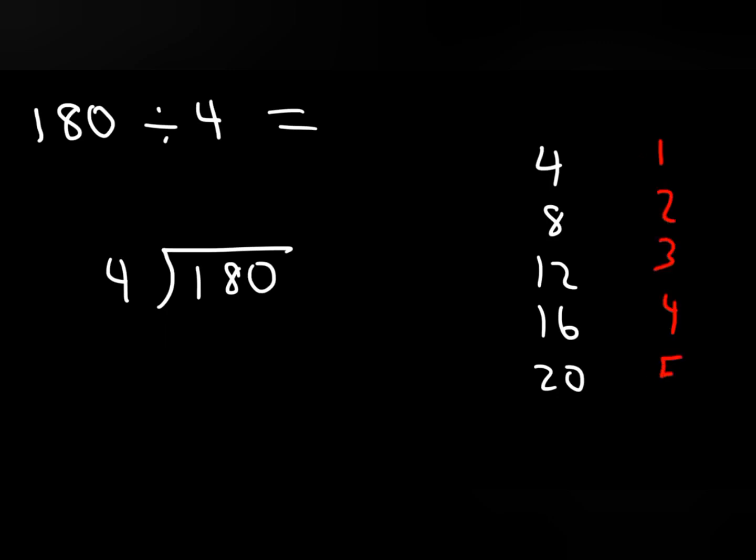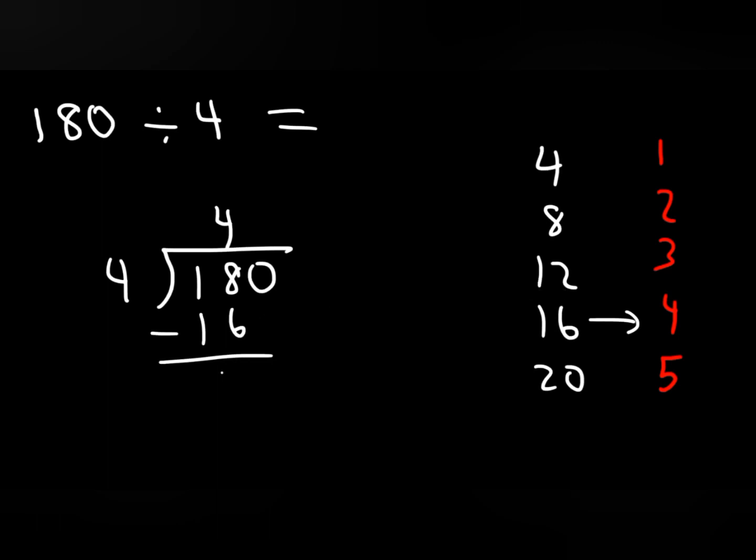Now 20 exceeds 18. So we could say that 4 goes into 18 4 times because 4 times 4 is 16.